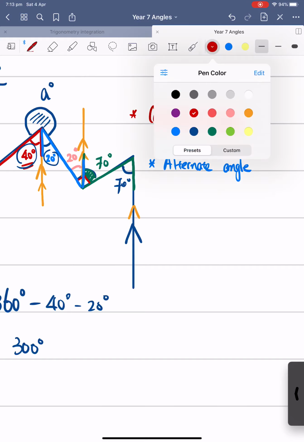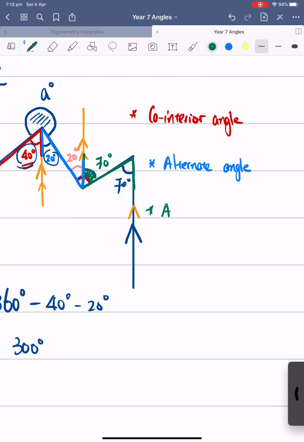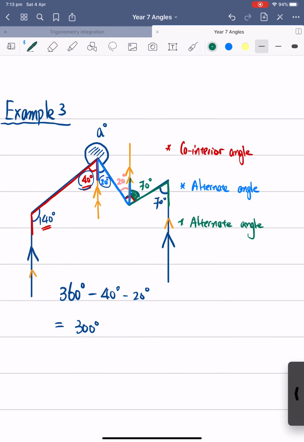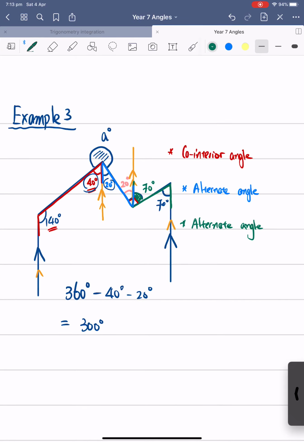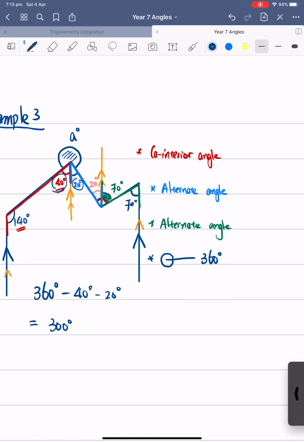And we have another alternate angles, all right, in green. And then we have something that we're using, the whole revolution, angle of a revolution, which is 360 degrees. We use all of these properties to solve the question, all right? And then obviously we're solving for the reflex angle.